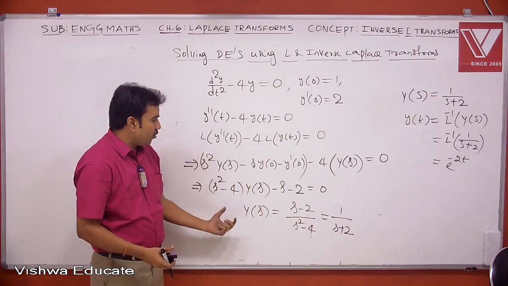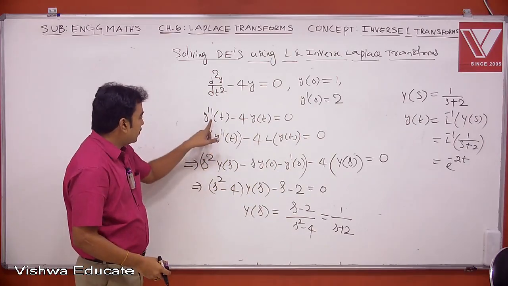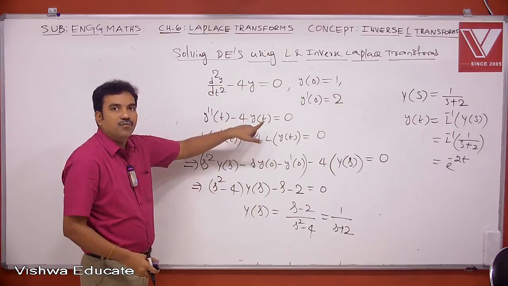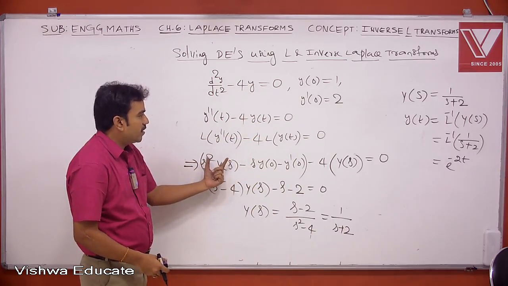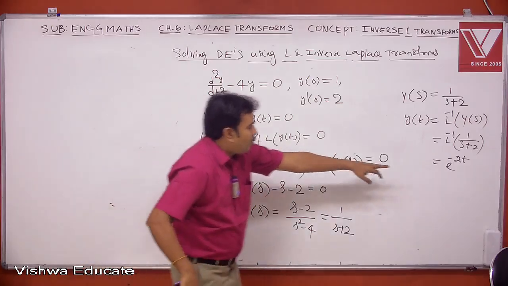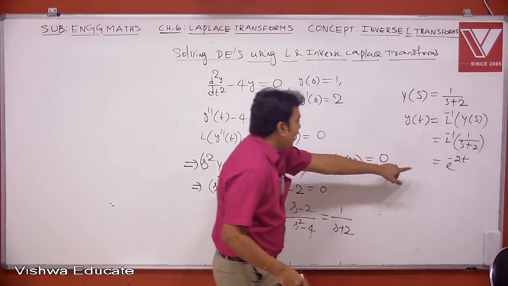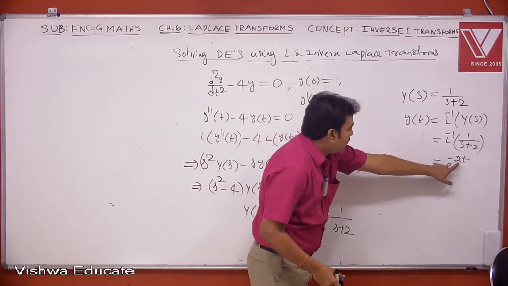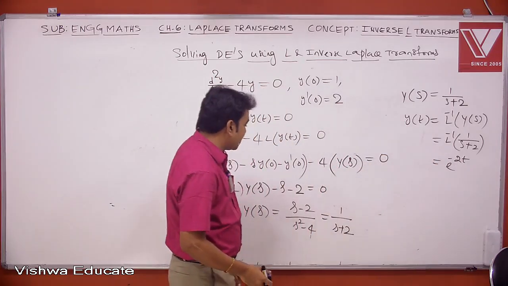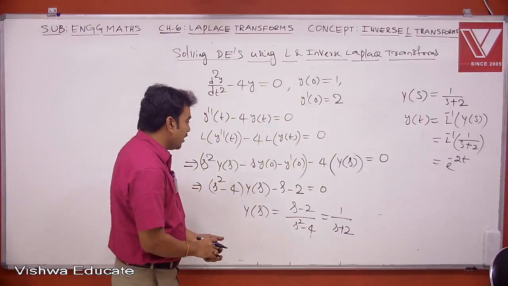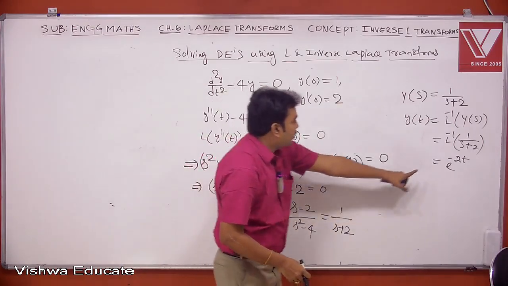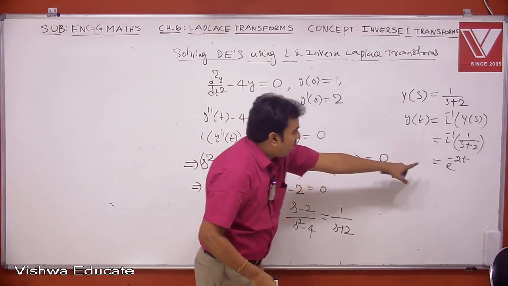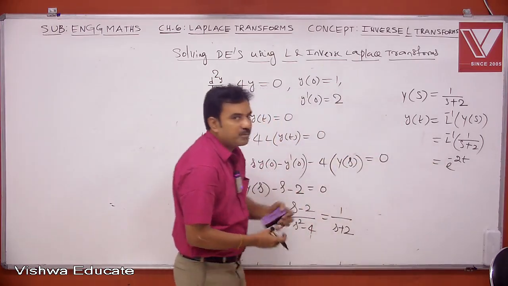Let me cross check this. We have y double dash of t minus 4 into y of t equal to 0. Apply Laplace on both sides. You can even cross verify this. Y of 0 is 1. When you find its derivative, we get minus 2 times e power minus 2t, but it must be 2.